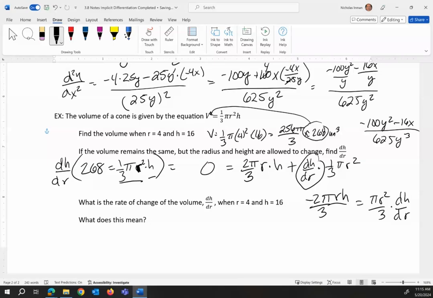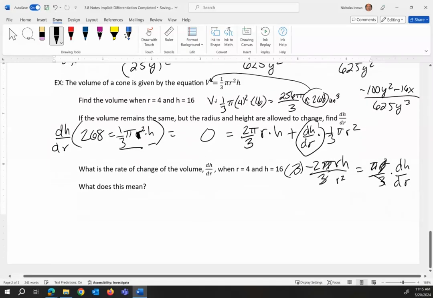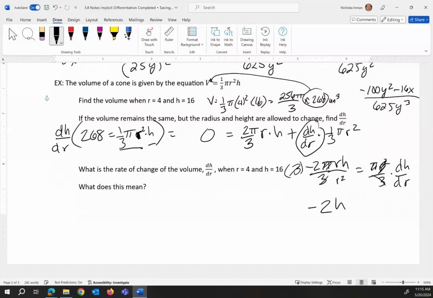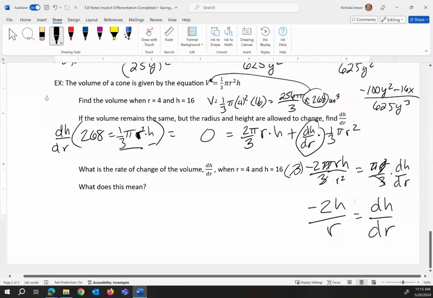So I would multiply by 3, and that'll cancel that. I would divide both sides by pi, and that would cancel that. And I'd move the r squared to the other side by dividing, and r squared and r would reduce. So I've got negative 2h over r is my dH/dr.